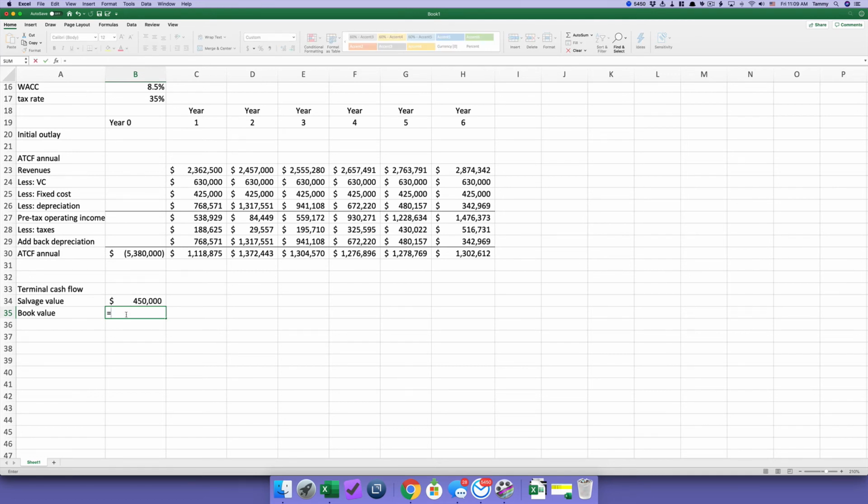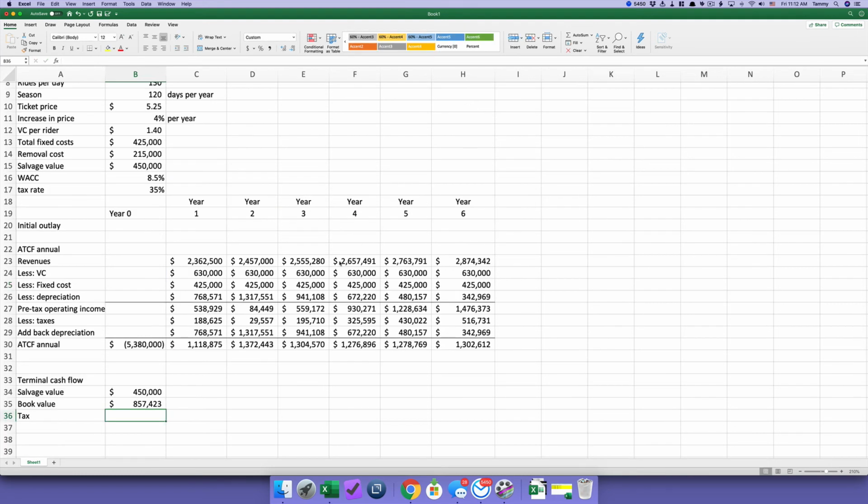So it's going to be the negative of this initial cash flow minus the sum of all of these depreciation expenditures, right? Now, you can see that the book value is higher than the salvage value, right? So what that means is that we actually wind up getting a tax credit for the difference.